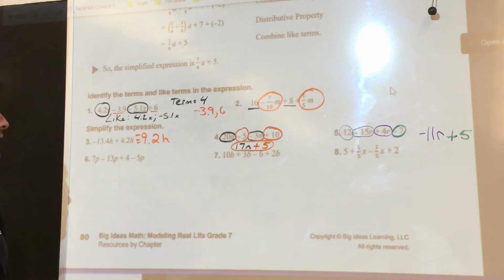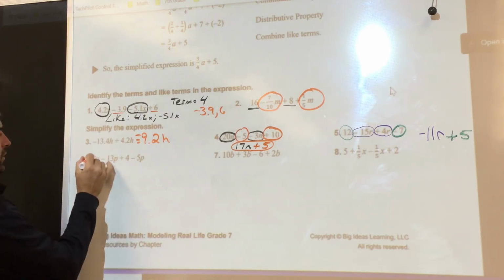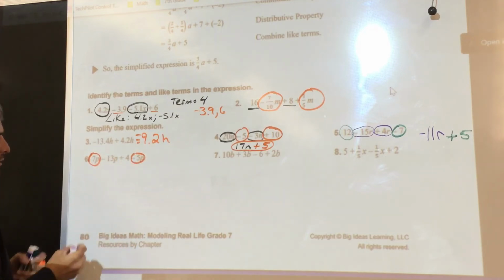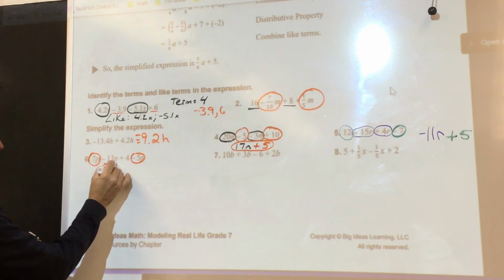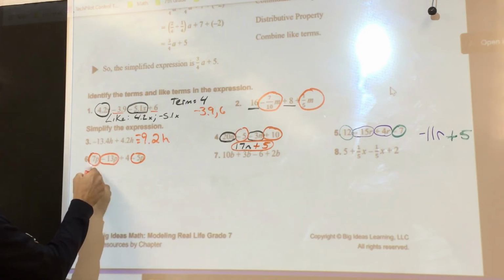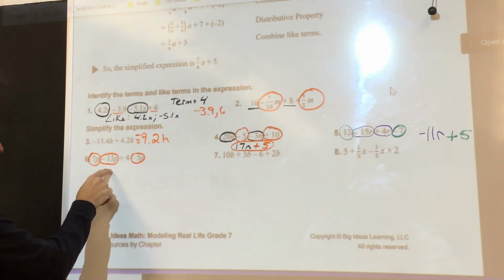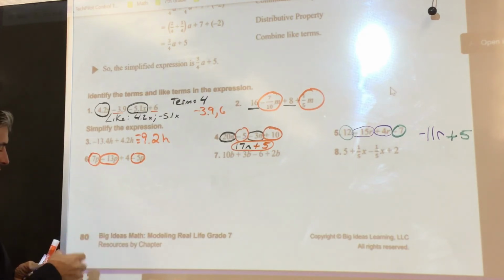Okay, welcome back. Hopefully you were able to do a couple of these. So 7p and negative 5p. And what else? We have negative 13p. So we have 3 like terms with the variables. So 7p and negative 13p would be negative 6p. So you can kind of do that if you wanted to.